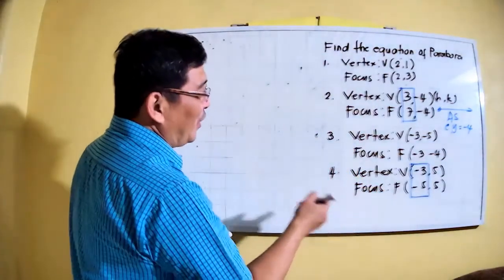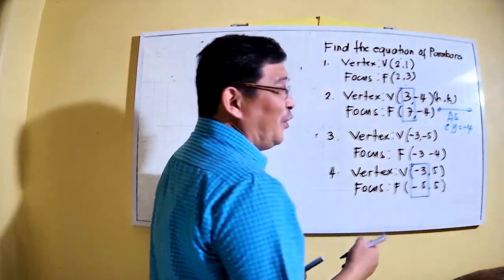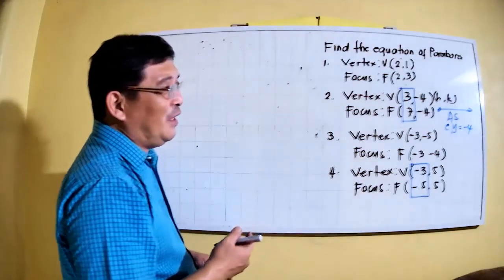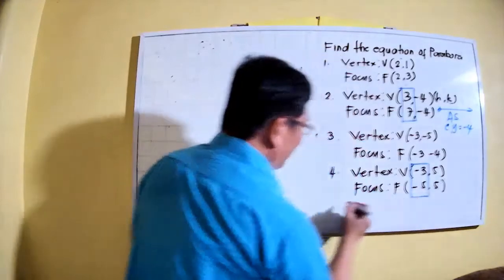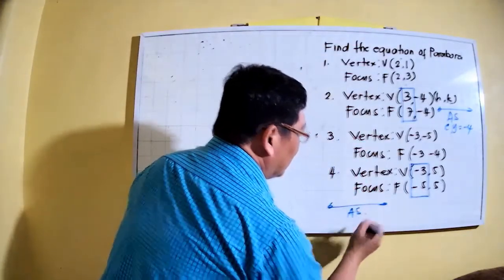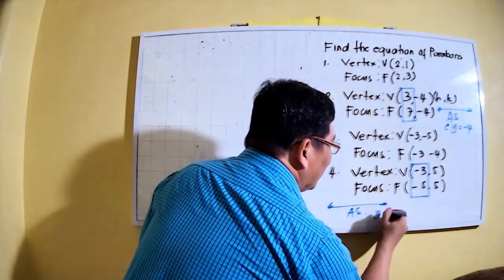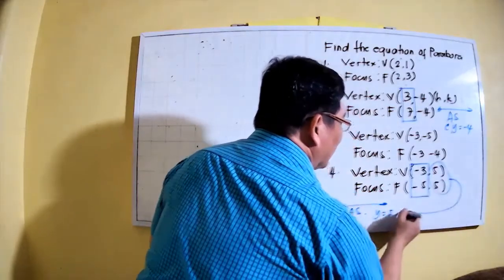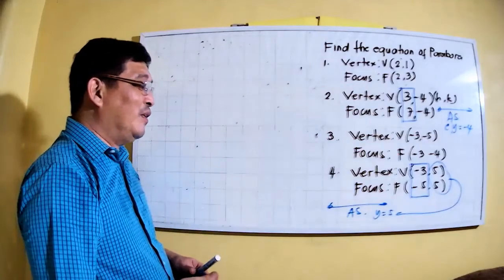So, yung x value, we have negative 5 and negative 3, meaning we have an axis of symmetry horizontal. So, yung axis of symmetry is horizontal, with y is equals to 5. So, ito ngayon yung axis of symmetry niya, y is equals to 5.